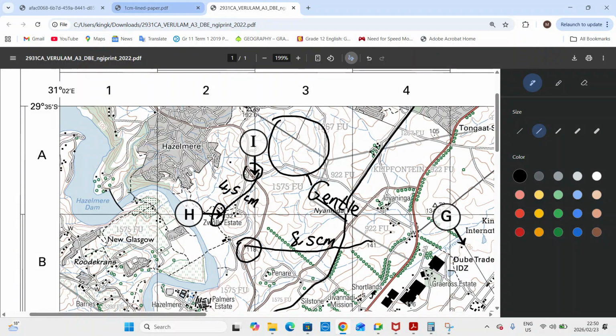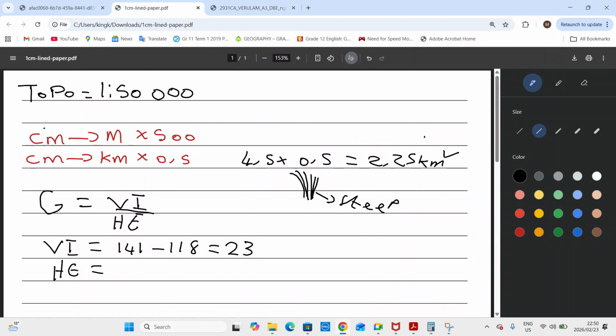You go back to your HE and you are going to write 8,5 centimeters times, remember we said that when we convert centimeters to meters on a topographic map, we will multiply by 500. Oh, I made two multiplication signs, but otherwise that's not a train smash.